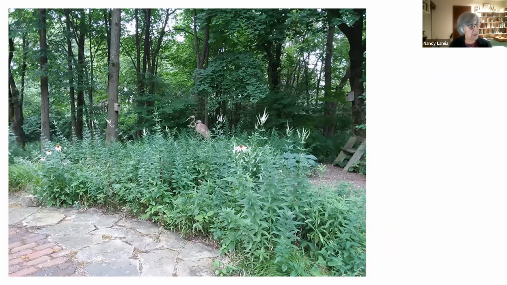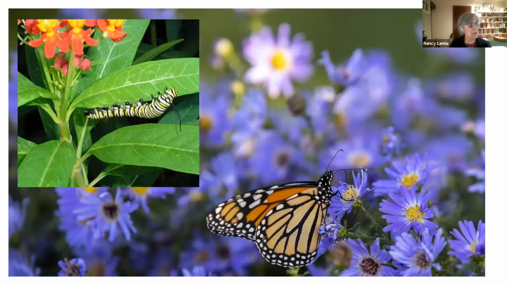They have lots of strategies. But over thousands of years, insects have learned to eat certain plants. Now, many insects have adapted to eating only one kind of plant. They're called specialists. And the monarch butterfly is a well-known example. Monarch caterpillars eat only milkweed.